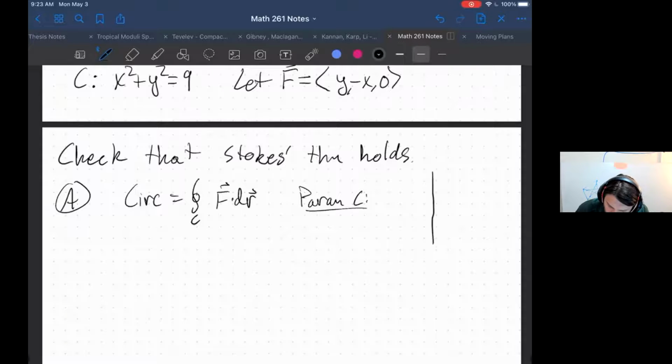Our boundary curve, if we were to draw it out in the XY plane, it's nice because it's in the XY plane. It's going to be a circle of radius 3.